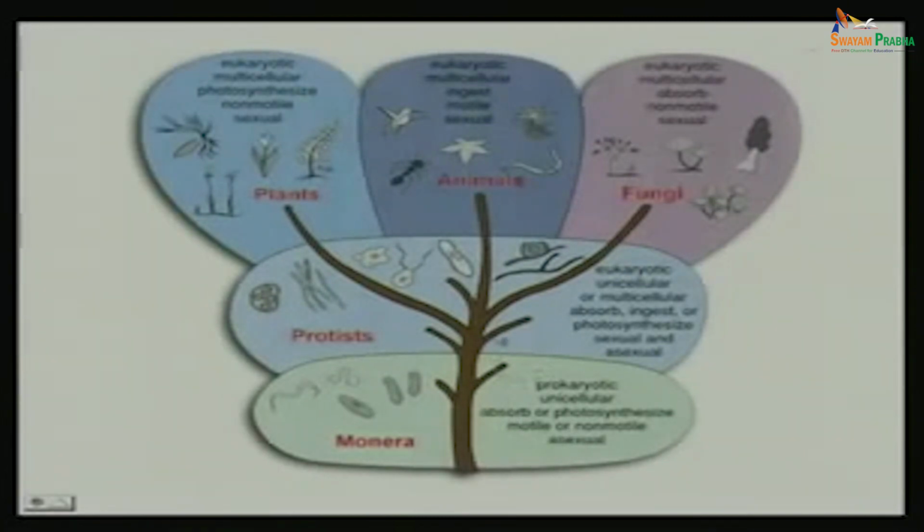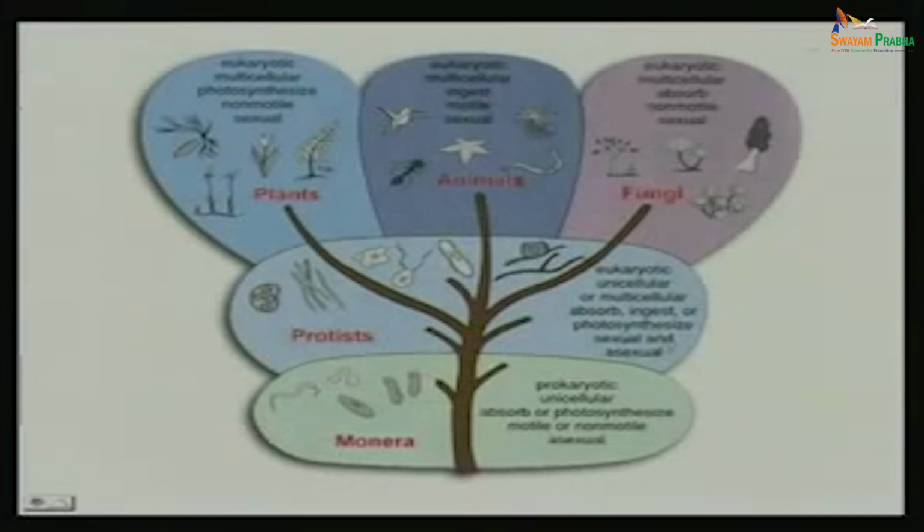Little bit developed species are called protists. Protists are the eukaryotic, unicellular or multicellular organisms. It either takes its food or nutrition through absorption, or it can ingest, or it can photosynthesize, if any such pigmentation is there.